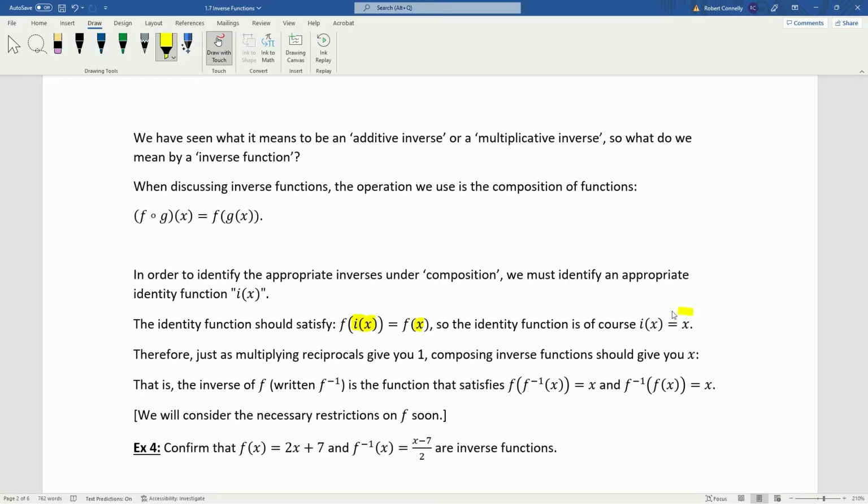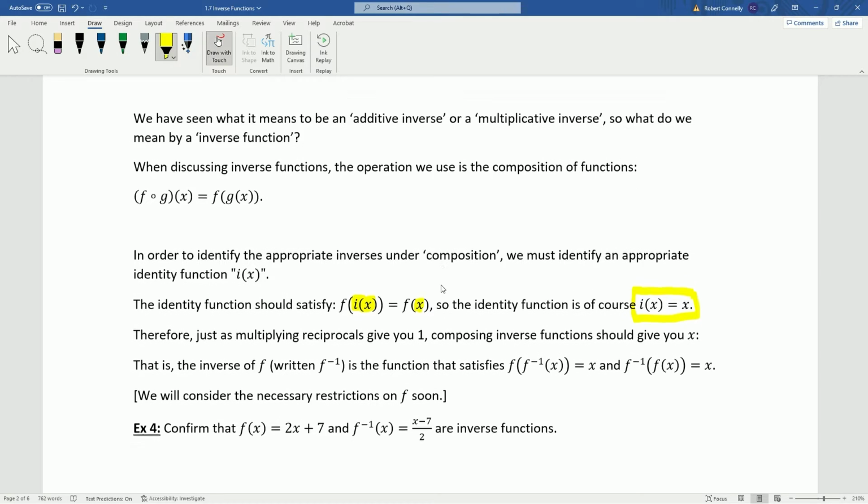So the identity function, as we've seen before, is the function that's just y equals x, or in this case, we've written it as I of x equals x. Again, that should make sense. What should an identity do? An identity, when you compose them, should give you the same function back that you started with. So when I operate f with I of x, I should just get f of x, but that means, of course, I of x equals x.